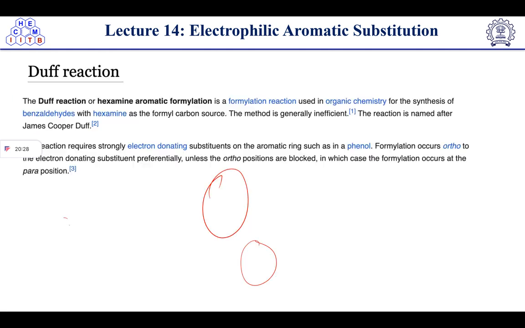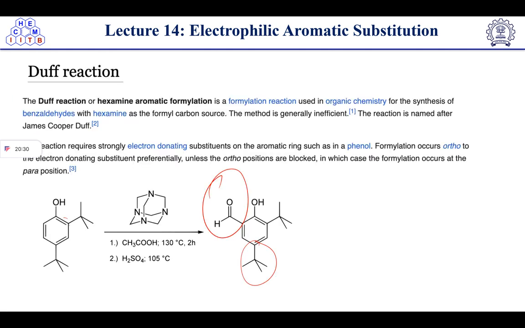Okay. So next one is the Duff reaction. The Duff reaction is a hexamine aromatic formylation. It is a formylation reaction used for organic chemistry synthesis, which includes benzaldehyde, with hexamine as the formyl carbon source.